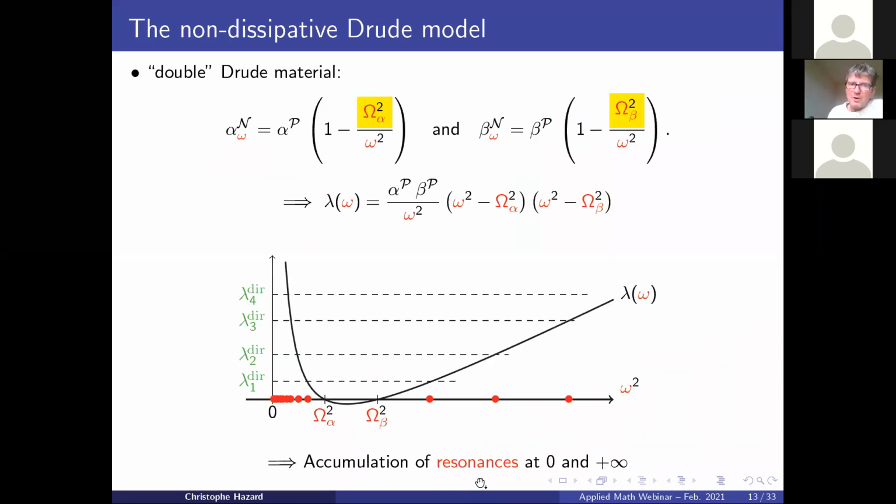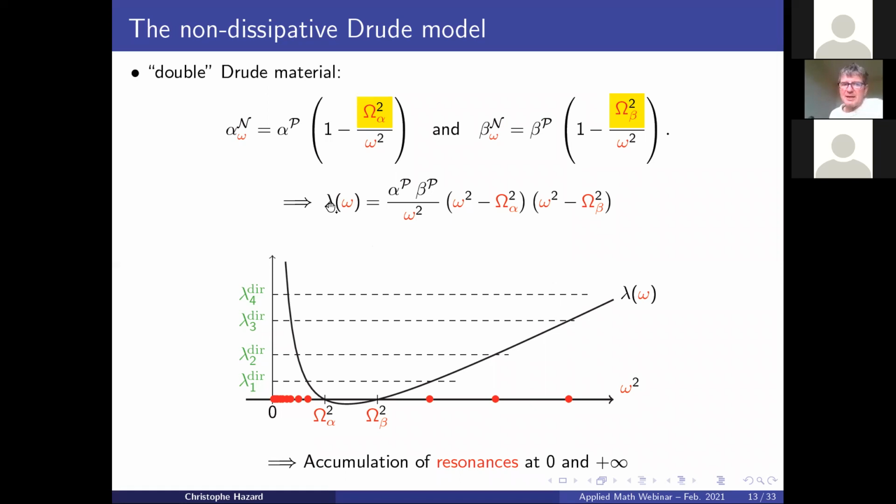The more interesting case is what I call here the double Drude model. Double because I assume that alpha and beta both satisfy a Drude law. So alpha is defined by this, with the plasma frequency corresponding to alpha, and beta is the same with an omega_beta here.